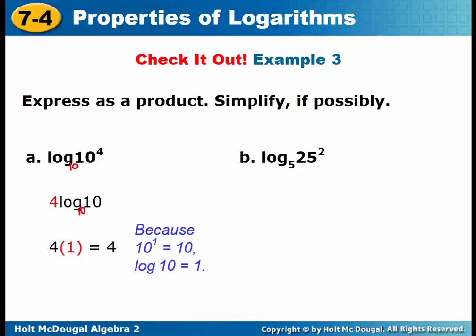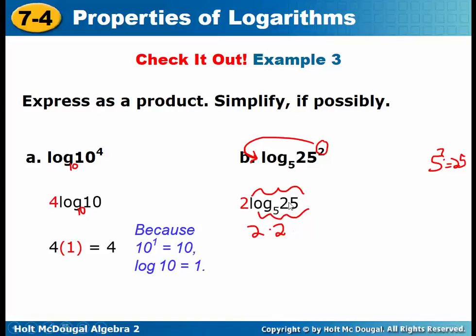If you have the same base as the number you're taking the log of, then that's just 1. B can be simplified as well, because 5 to the what power is equal to 25? That's 2. So the 2 for this goes in front. So we have 2 log base 5 of 25, but this part here is equal to 2. So then we have 2 times 2 is equal to 4.